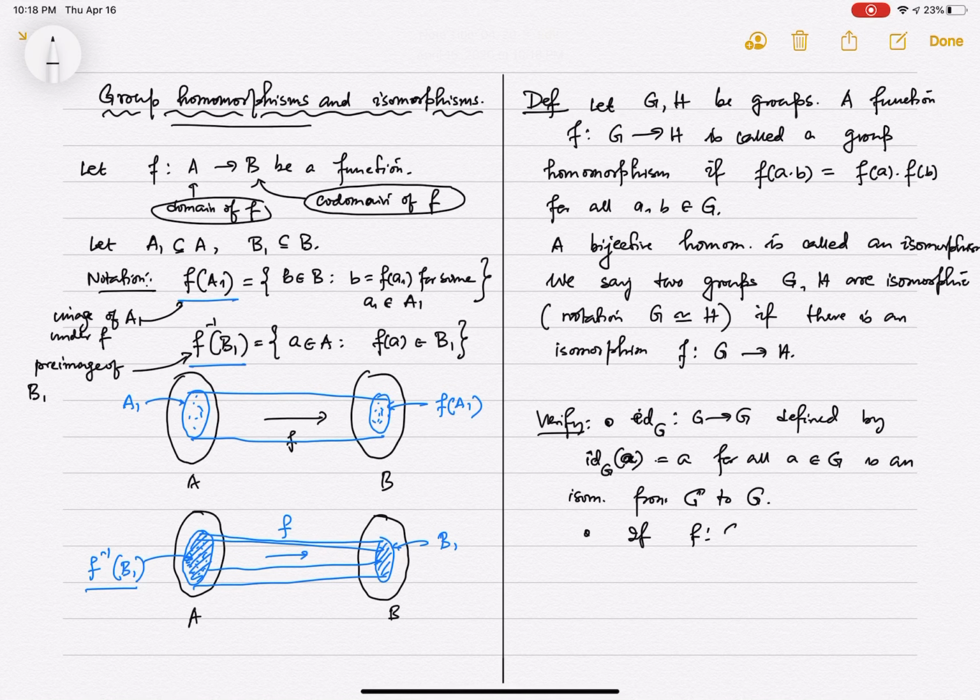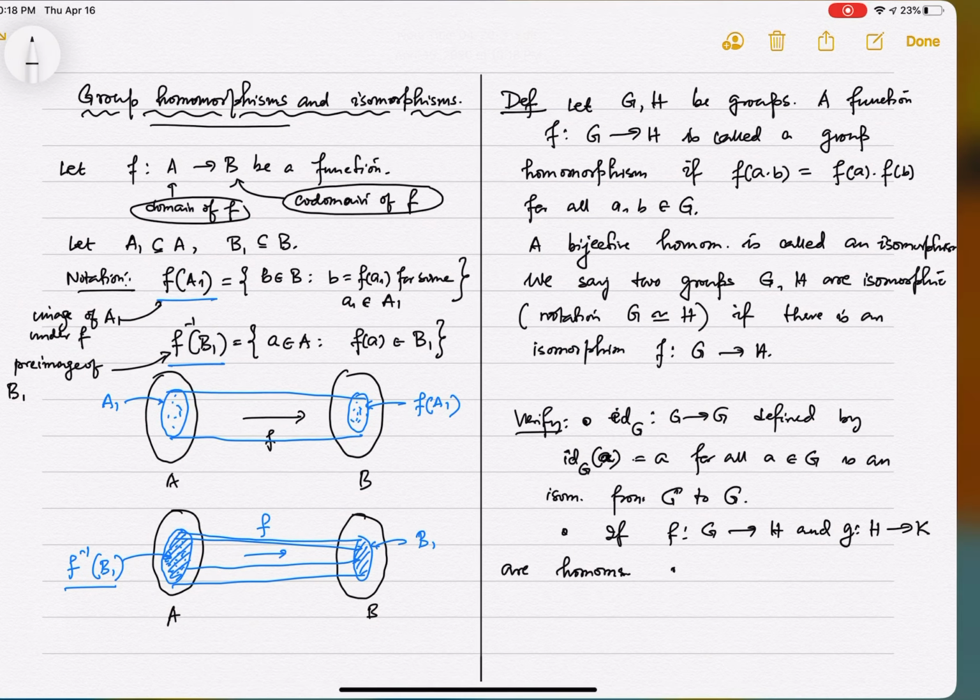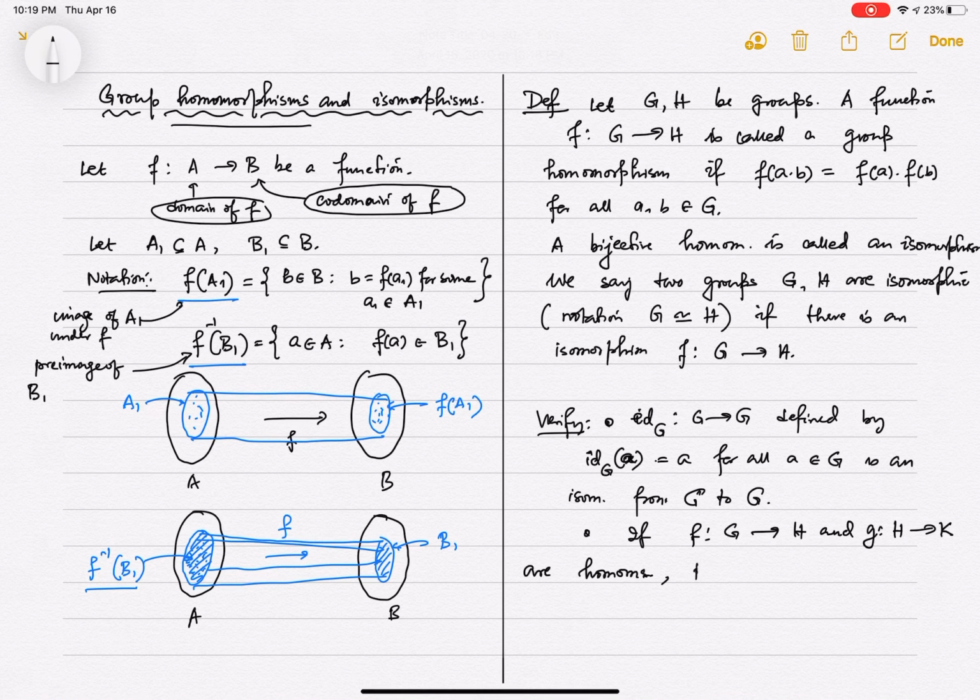If f from G to H and g from H to K are homomorphisms, then first apply f, then apply g, so you go from G to K, is also a homomorphism. And if both of them were isomorphisms, then the composition is also an isomorphism.